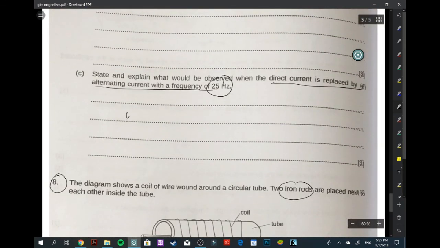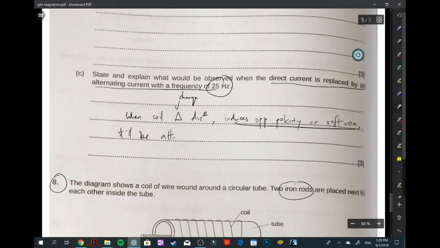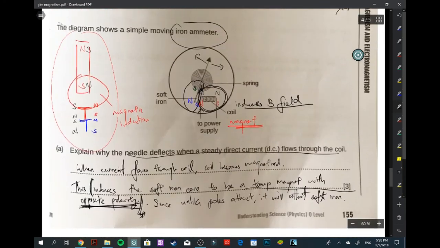So when the coil changes direction, it induces opposite polarity on soft iron, and because of that it will be attracted.